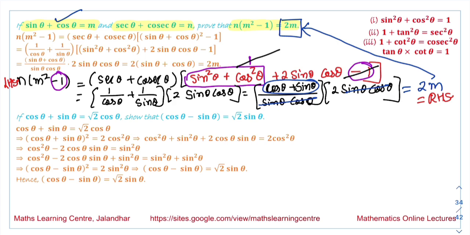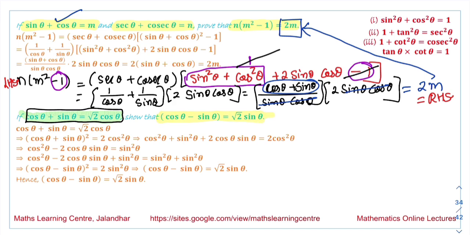Now next we have to prove, given that cos theta plus sin theta is equal to root 2 times cos theta. This value is given to us. We have to prove that cos theta minus sin theta is equal to root 2 sin theta.